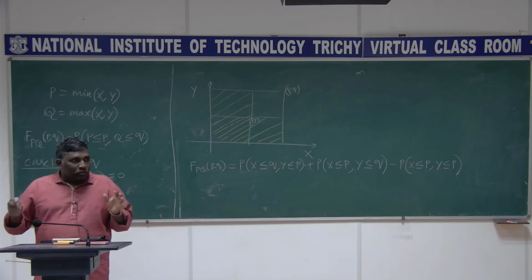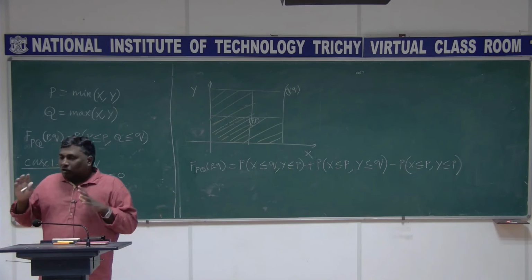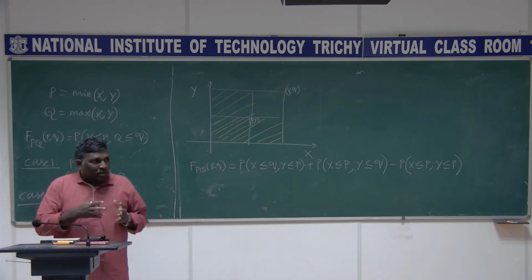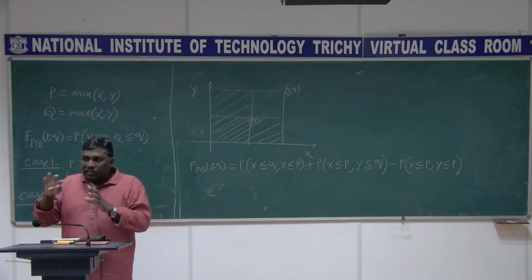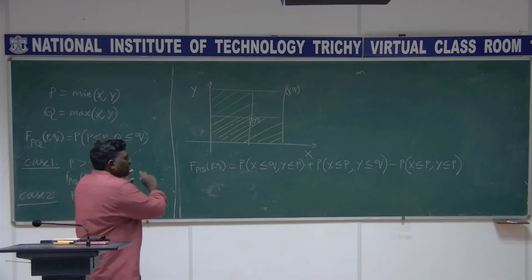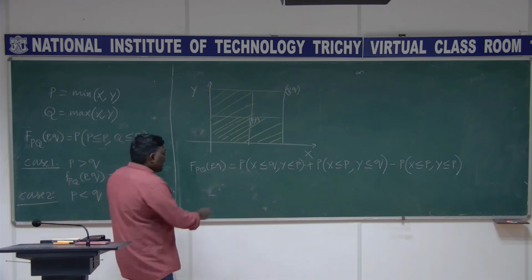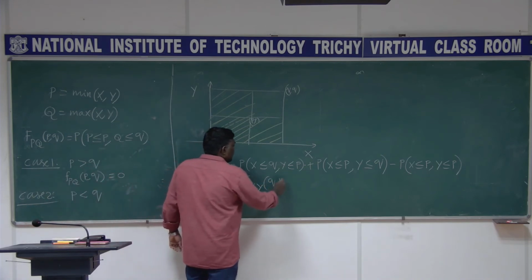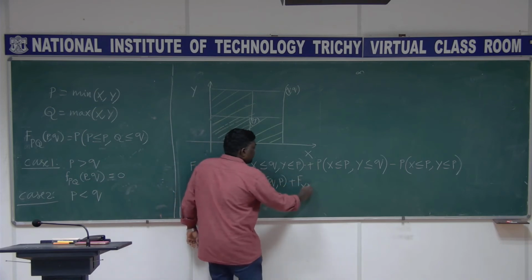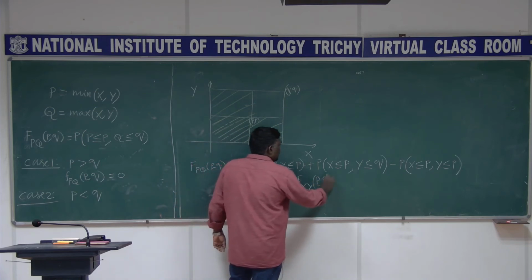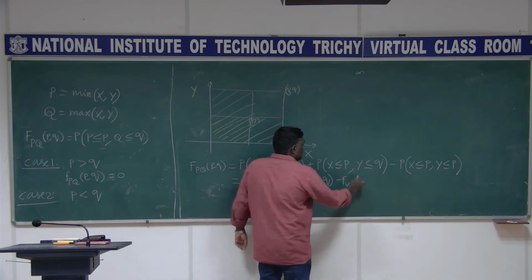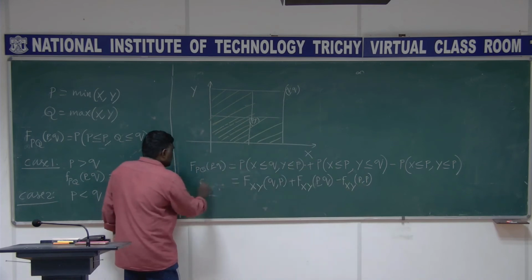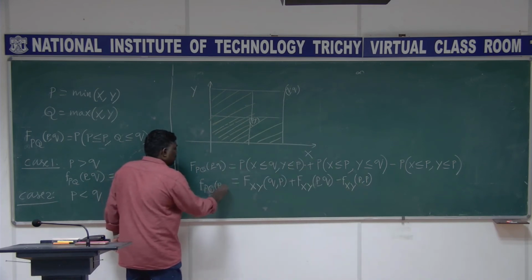So that's what I said: you look for the range for p and q, you look for the range for X and Y that satisfies this, then straight away you can write this expression. If I write this in cumulative form, this is F_XY of q comma p, this is F_XY of p comma q, and this is F_XY of p comma p, and this is F_PQ of p comma q.